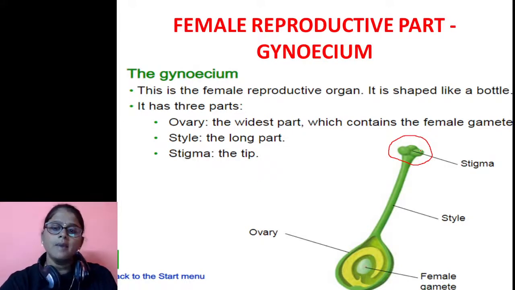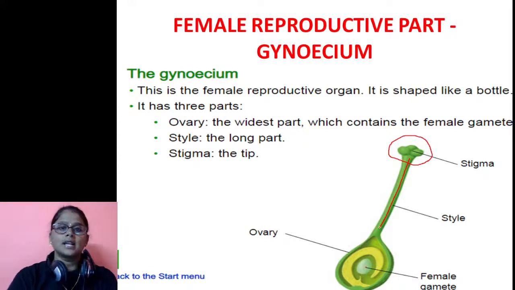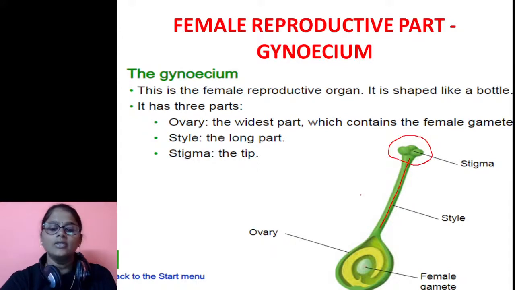The stigma is connected to the ovary by a long stem-like or stalk-like structure, which we call the style, and at the end of the style a bulged structure is seen, which is called the ovary.